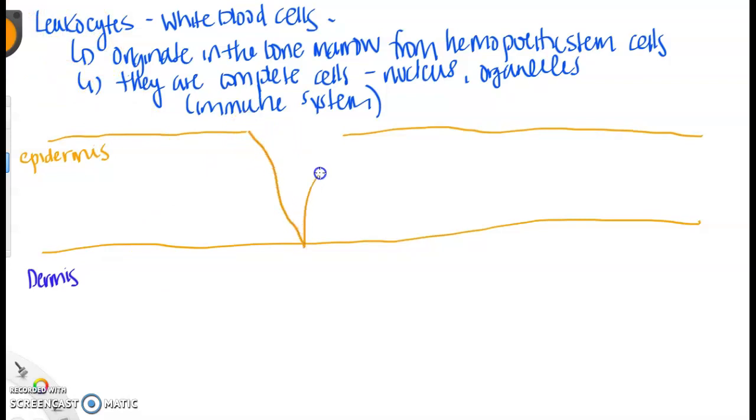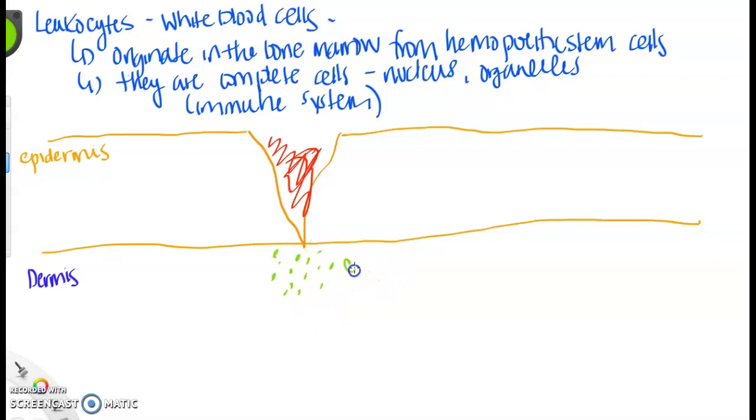So if we have some kind of injury there, okay, so we've got some bleeding going on, nastiness like that. So within the epidermis, this injury is going to stimulate some chemical activity, okay? And this area is going to secrete some chemicals that are going to signal white blood cells.